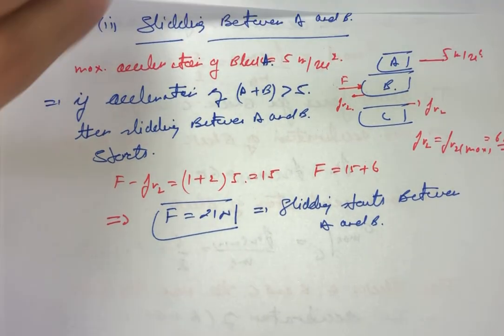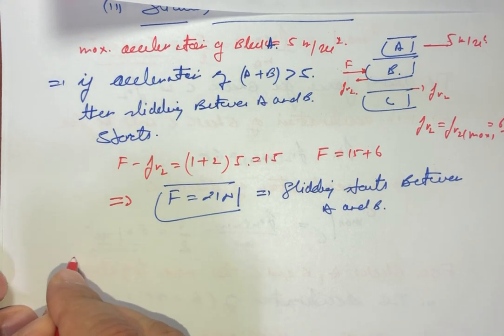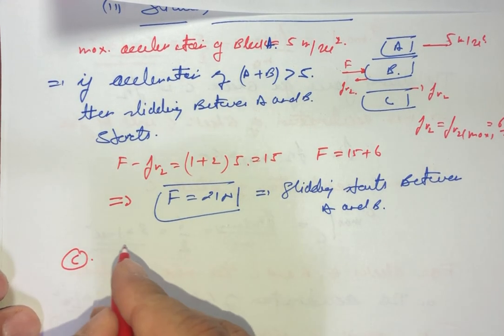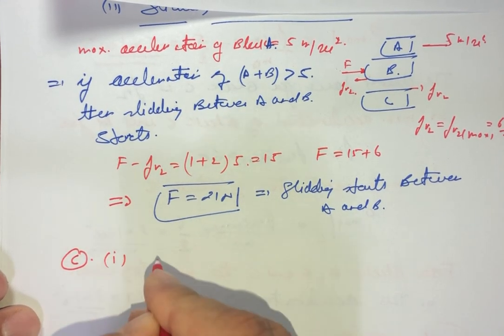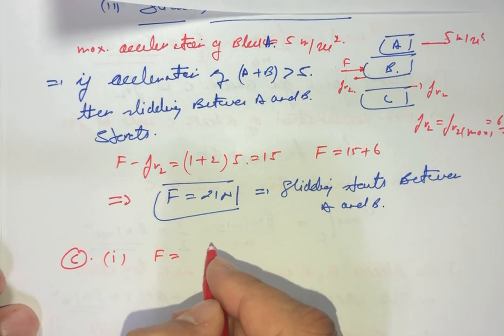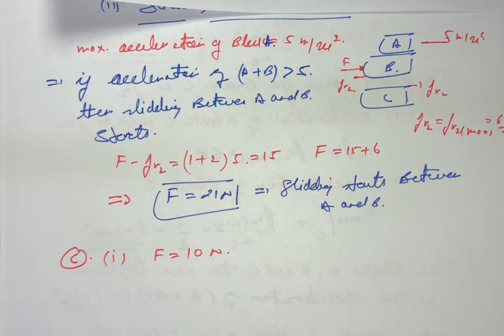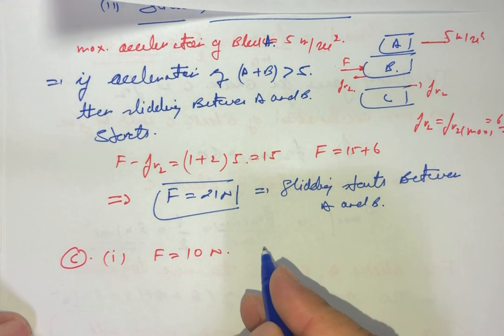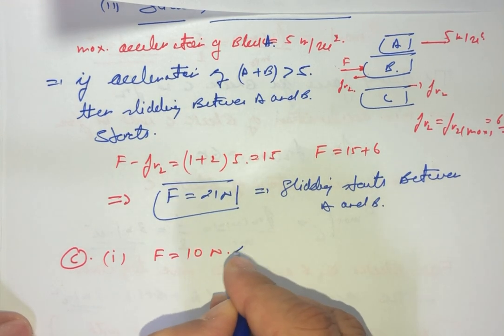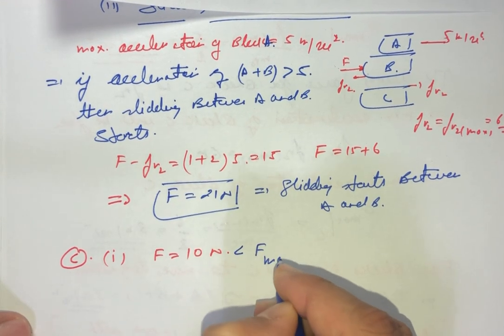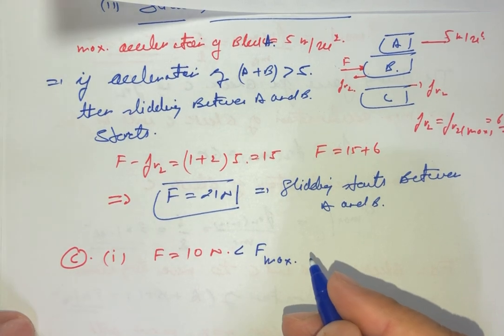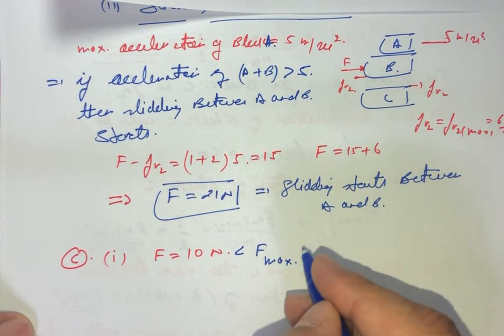In the C part, first one, the value of applied force is 10 Newton. Now this value of applied force, 10 Newton, is less than the maximum force, and the value of maximum force is 15 Newton.